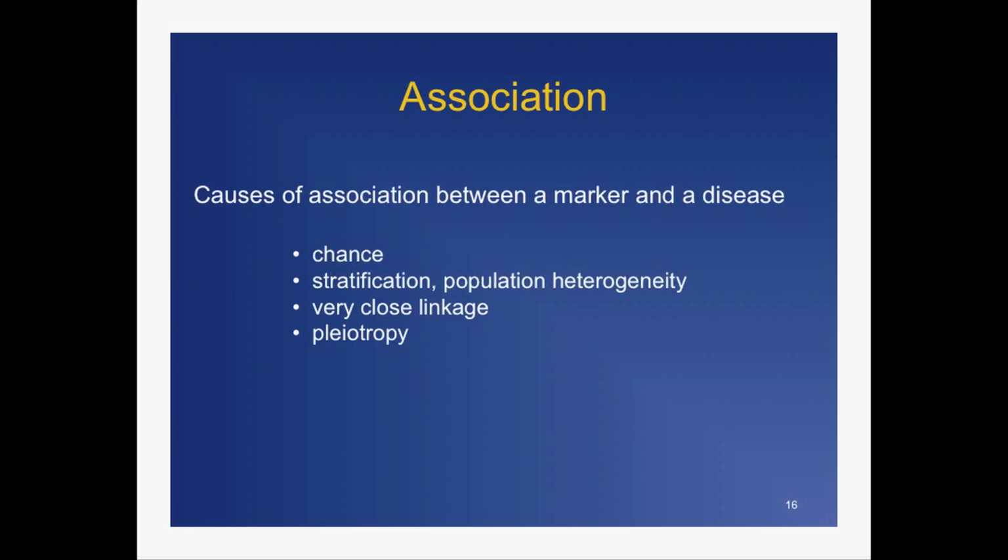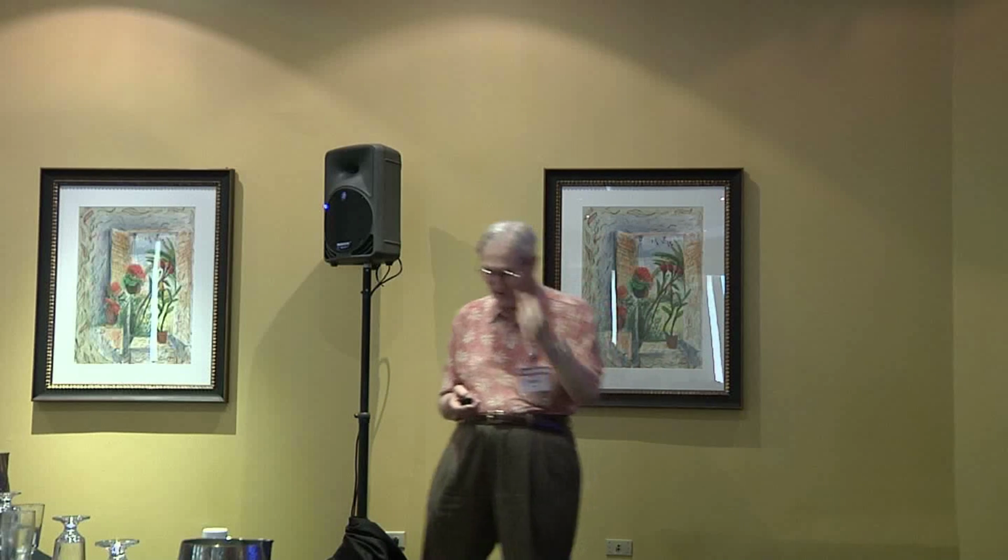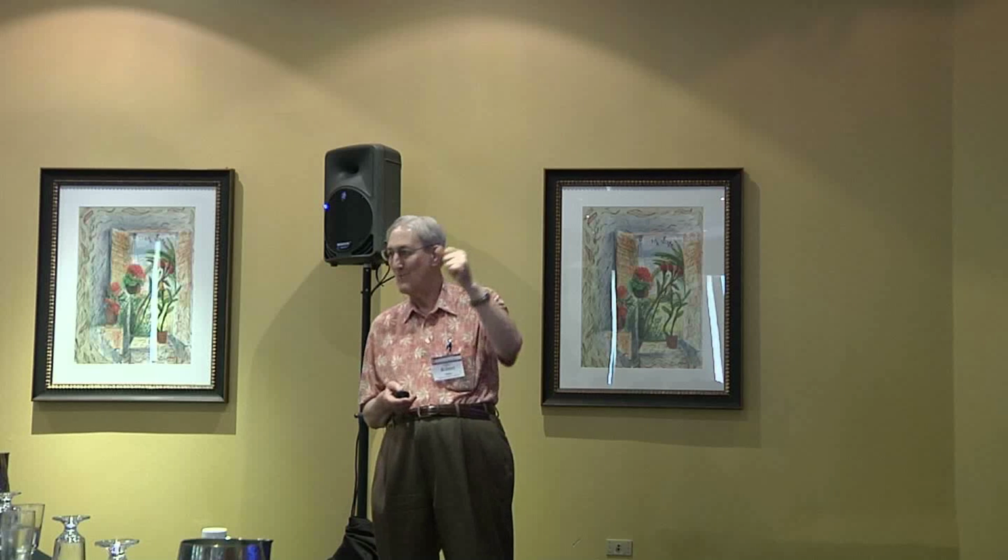That's why we do things like Bonferroni correction. It could be stratification, population heterogeneity, and we've looked for that. It could be very close linkage, and hey, we hit the jackpot if it's pleiotropy. The allele that we've said is associated is the causal one. That's what we really want.